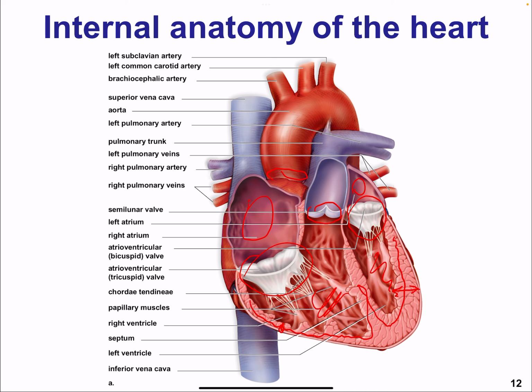While the right side here receives the blood that comes from the tissues. So there is no need for a very high pressure to happen there. Therefore, the layer of muscle is less thick than the layer of muscle in the left ventricle, right?